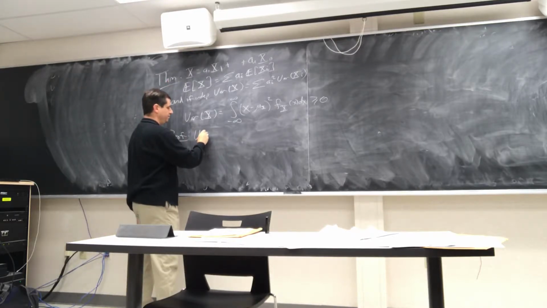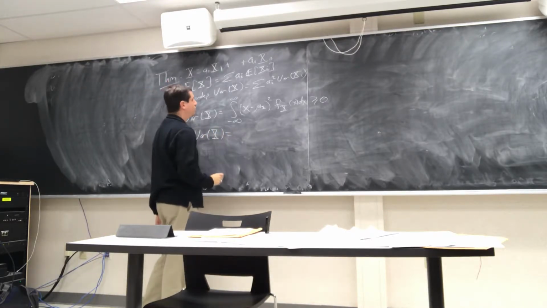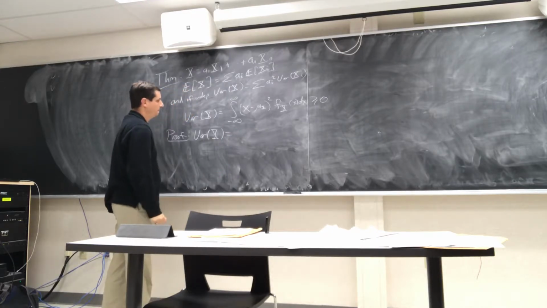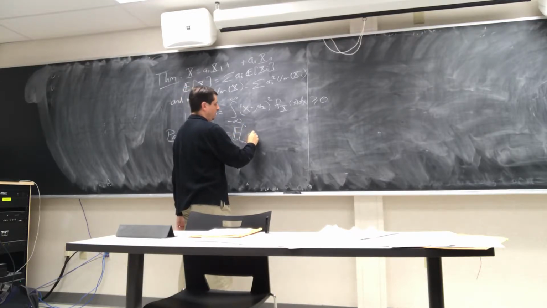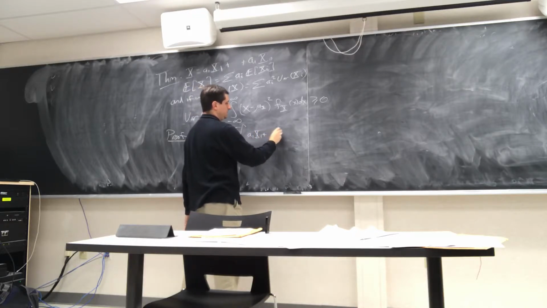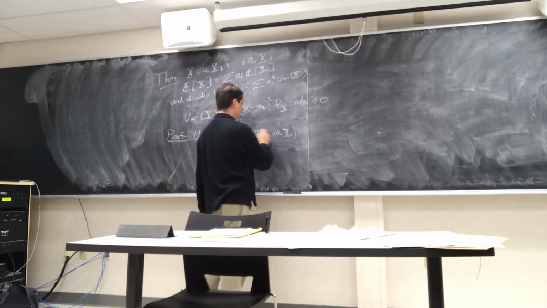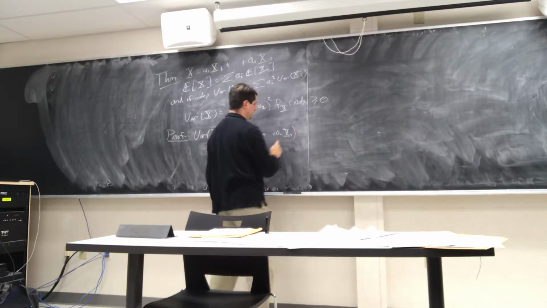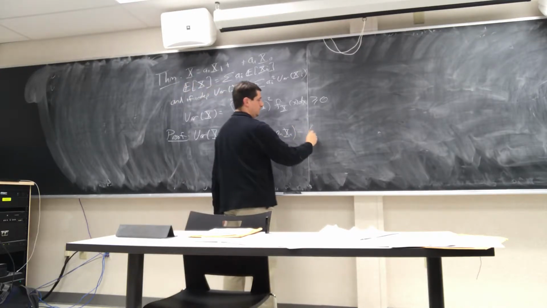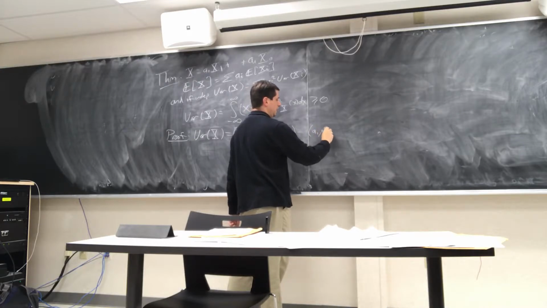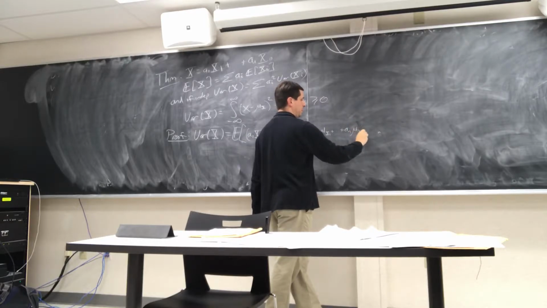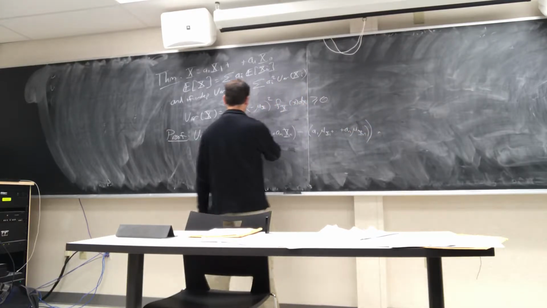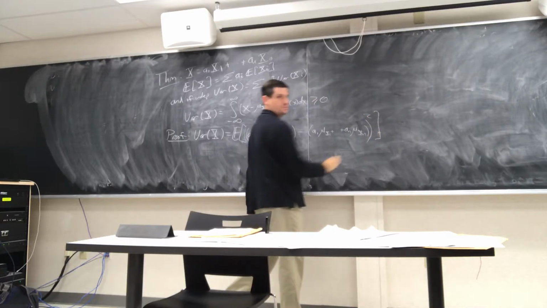So let's look at the variance of x, which is going to be the expected value of (a1 x1 plus ... plus an xn minus the mean of this, which is a1 mu x1 plus ... plus an mu xn), and then I square the whole thing. It's nice to have a large blackboard.